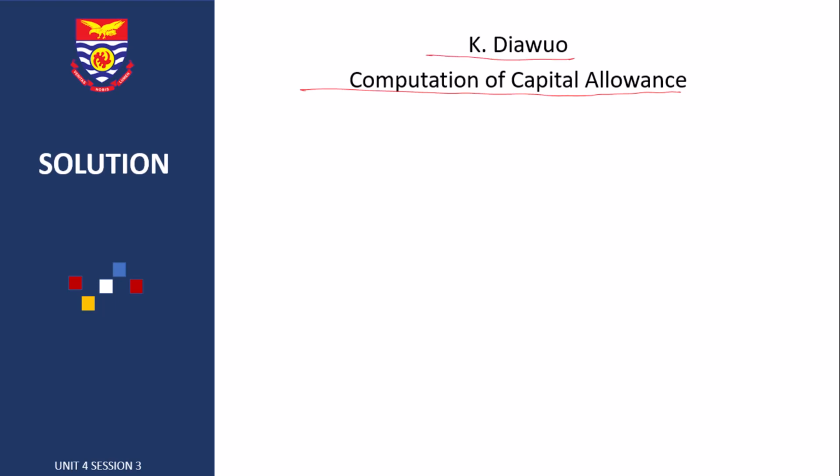Okay, so we have our year of assessment here and our basis period. We have our Ghana cedis. So we're told that the written down value for computer was 7,000 and computer software was 3,000.